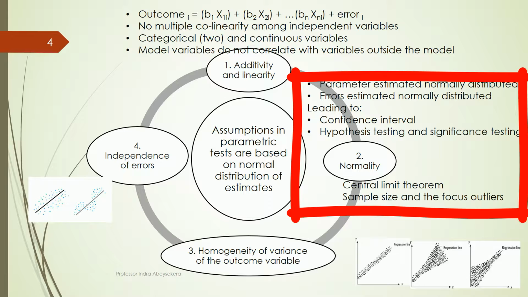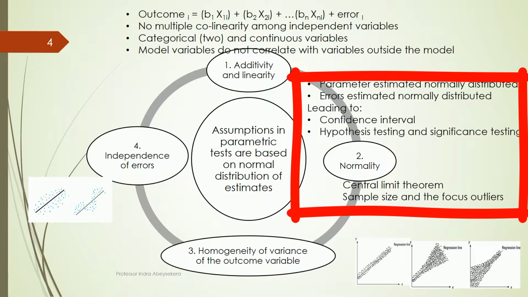These two aspects of normal distribution of the parameter estimates and the error estimates lead to making correct estimates of the confidence interval for hypothesis testing.